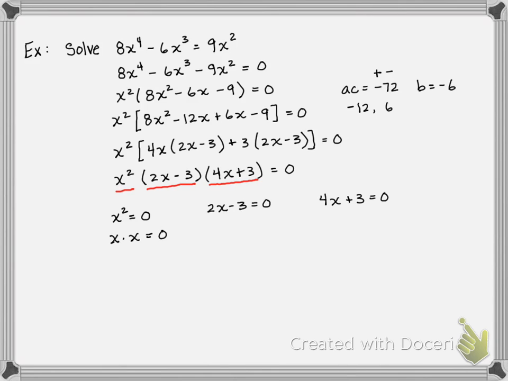So one of those factors has to be 0, right? So 0 times 0 is 0. So if you have any power of x equal to 0, then x is just 0. Like I could have x to the 10th equals 0, and x would have to be 0 because it's just this big row of factors that are all the same. So if one of those factors is 0, they're all 0.